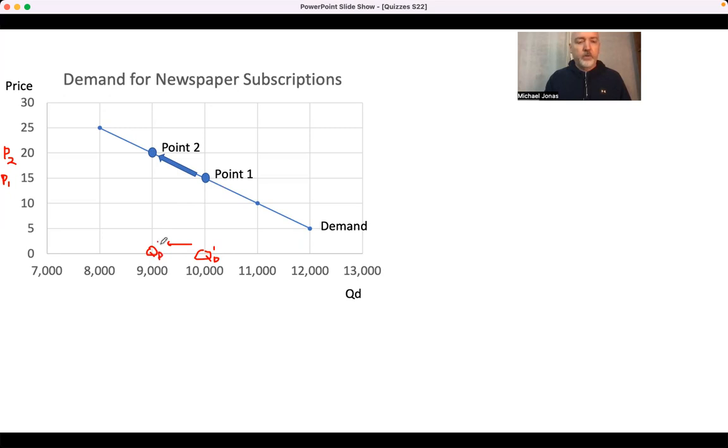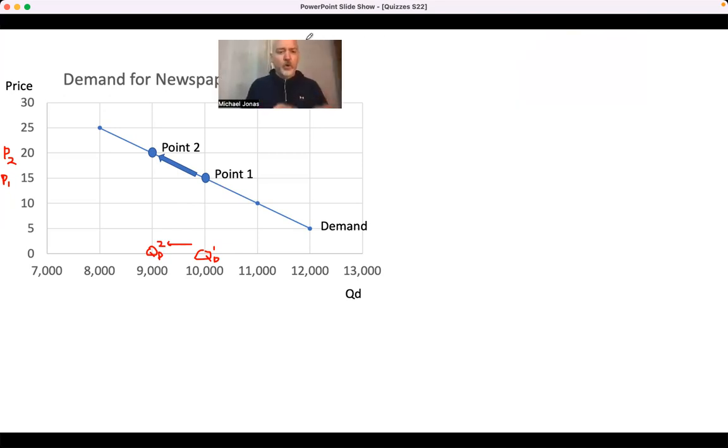Those are the inputs we're going to use for our midpoint elasticity formula. As long as you know what that formula is and what the combinations of points are, you're going to be in good shape.